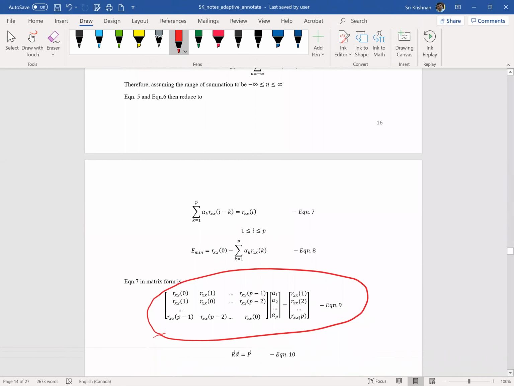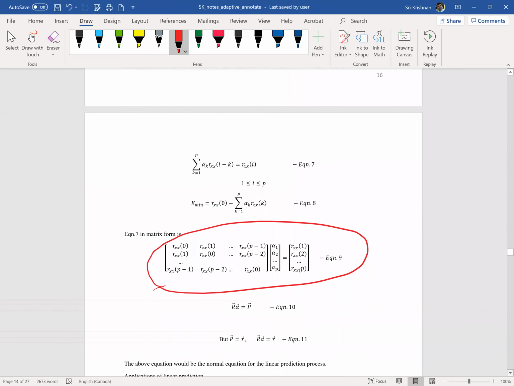And this matrix form is similar to the previous matrix form we had, but the only difference is here R alpha is equal to P. As I said previously, remember R W equal to P, but here R alpha is equal to P, the same concept. But interestingly, here P happens to be an autocorrelation matrix of the signal itself, because it's nothing but the signal that's the desired response. And that's why we have a small r here.